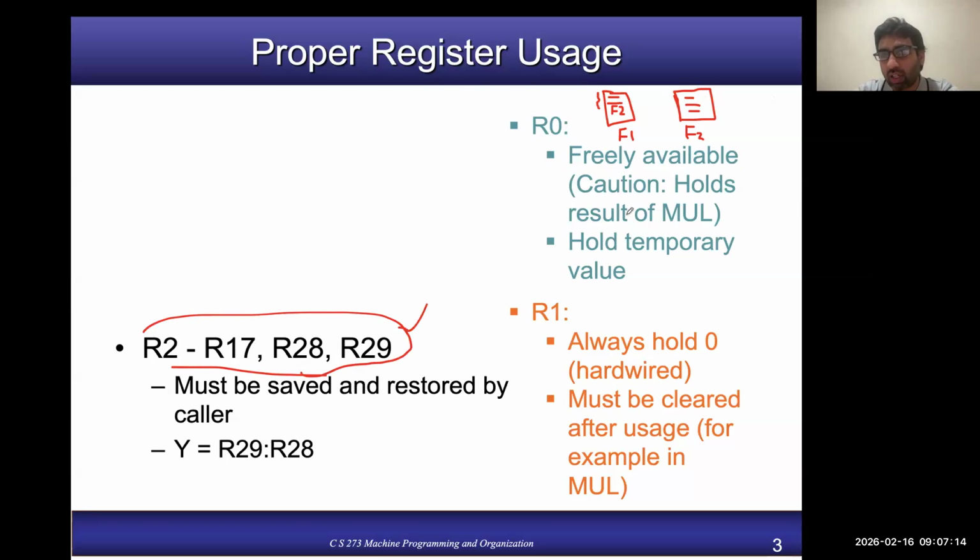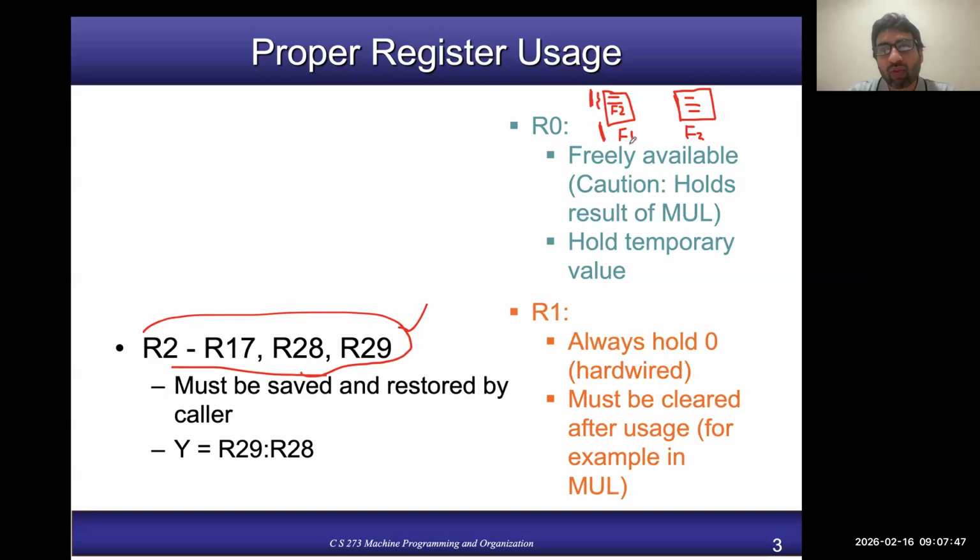So what the caller needs to do before making a function call to F2 is save any of these registers it is using in this part of the program before calling F2. If there is any part of the program before F2 which is using registers R2 to R17 and R28 or R29, and which are expected to be used after returning from the call in this part, we don't want the value of those registers to be overwritten.